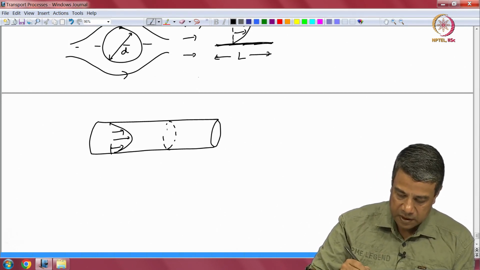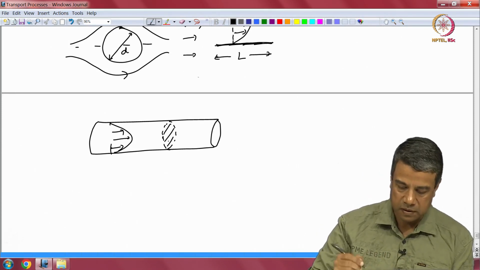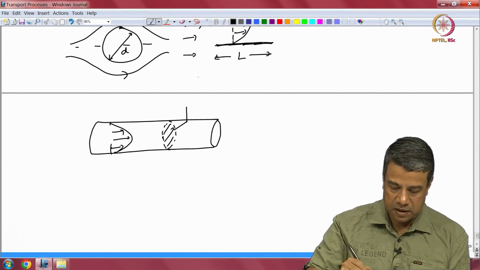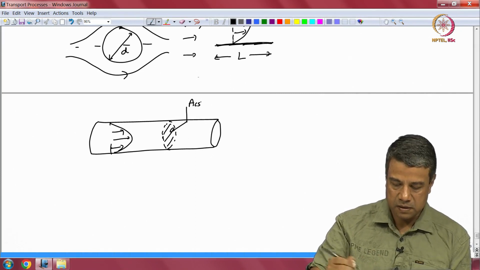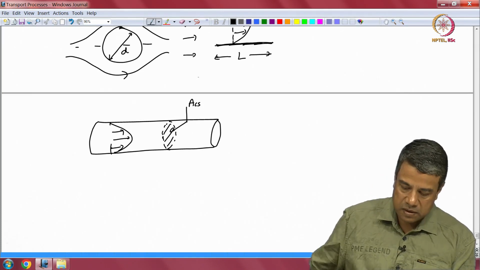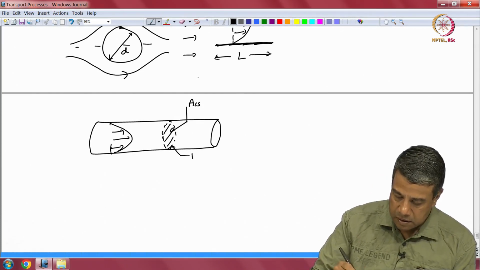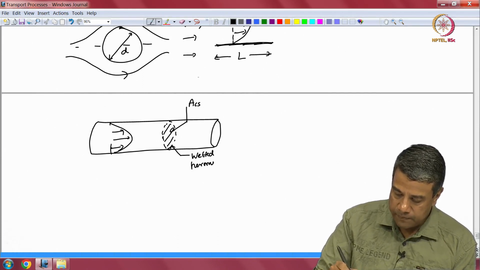So, if we take the cross section of a conduit, there is a cross sectional area ACS of the conduit, and there is also what is called a wetted perimeter, LW.